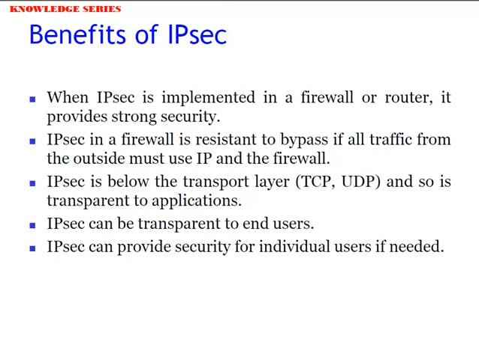Let's see the benefits of IP security. What are the benefits that we can anticipate with IP security? Some of the benefits are that when IPsec is implemented in a firewall or a router, it provides strong security.